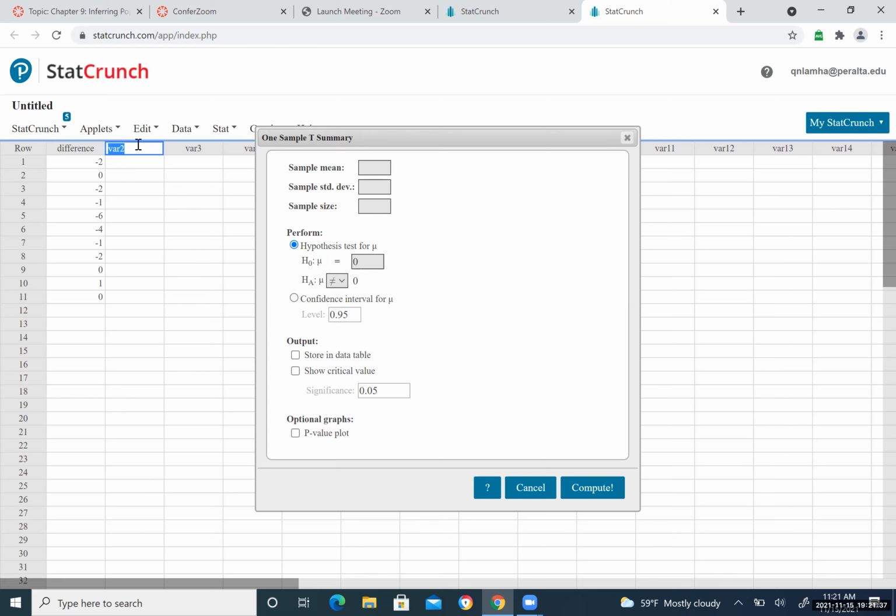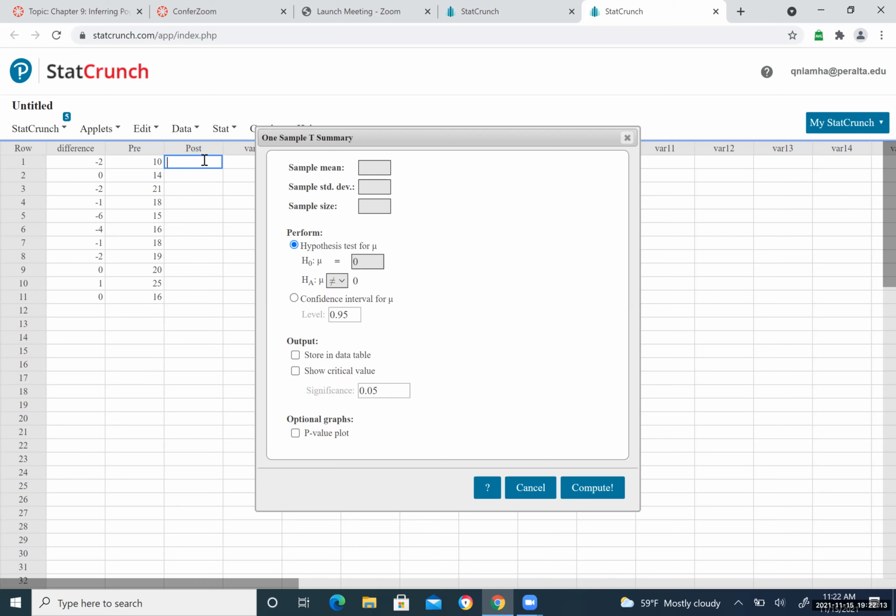This I can type in P. This is post. And P10, 14, 21, 18, 15, 16, 18, 19, 20, 25, 16.